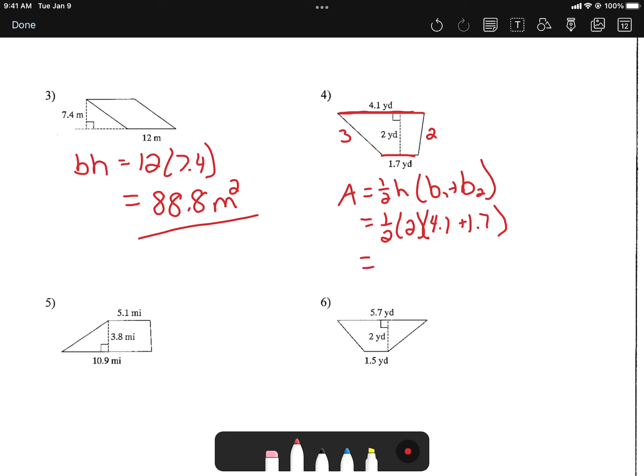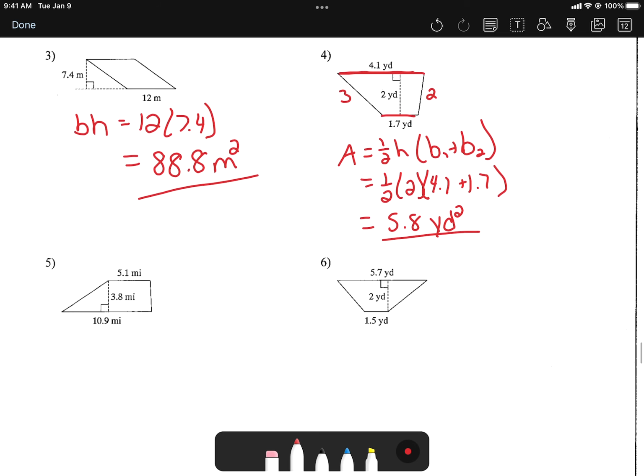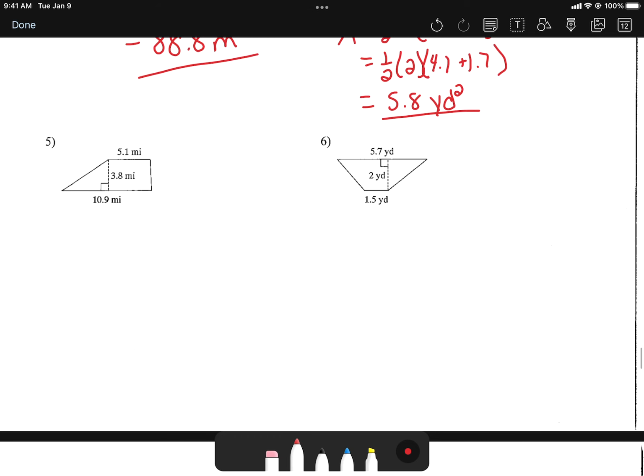So in our calculator, we need to work all of this out. So you could add and then multiply, however it is that you want to work on this one. This one you should get an answer of 5.8 yards squared. If you're not getting the right answer in the calculator, you're just entering something in incorrectly. Number 5, same thing. Our area is 1/2 times our height, which is 3.8.